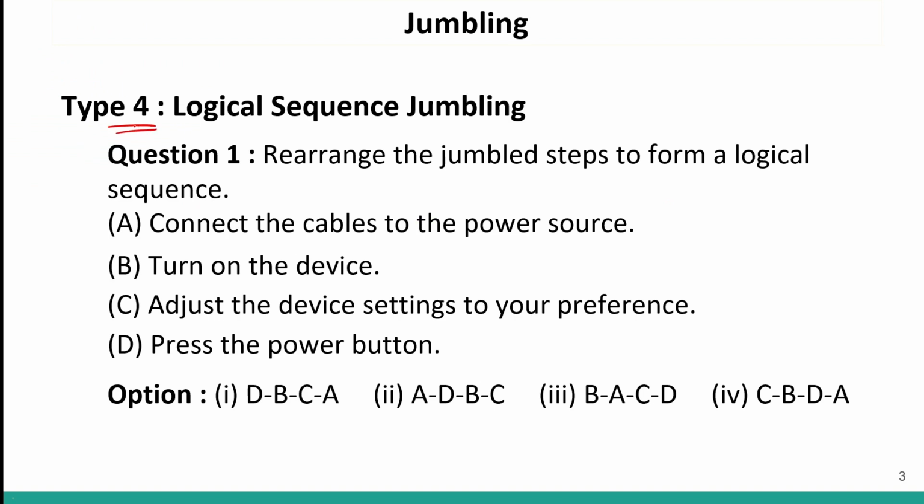Now, logical sequence jumbling, as the name suggests, deals with the logical sequence of things. For example, I have to make my lunch, right? So my first step would be to cut my vegetables, right? The second step would be to cook my vegetables.